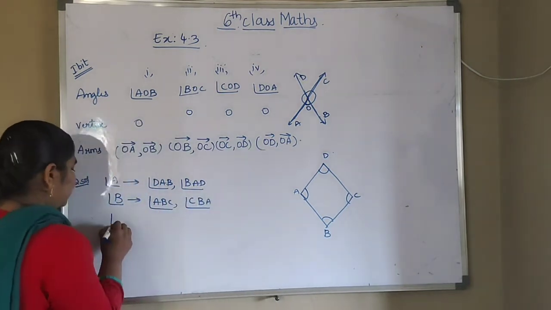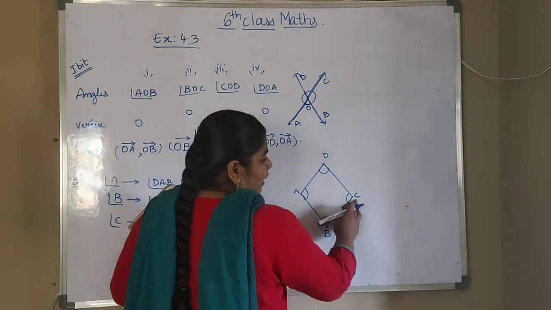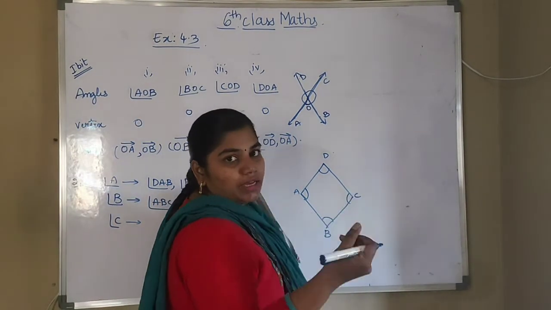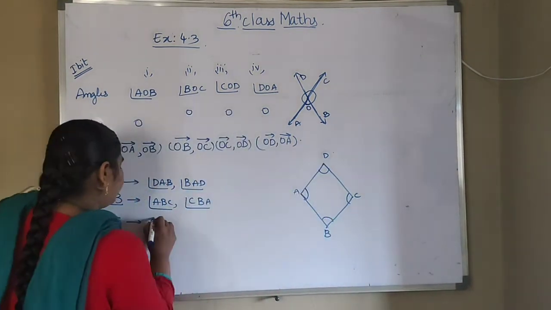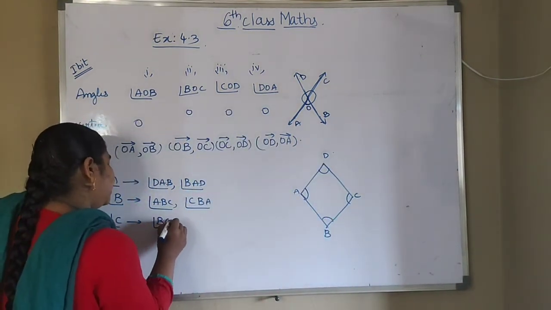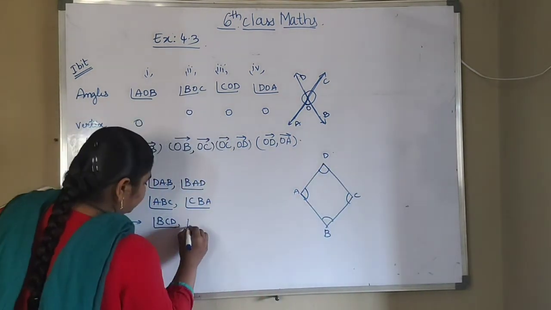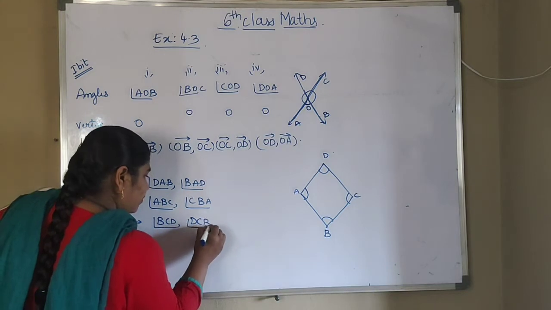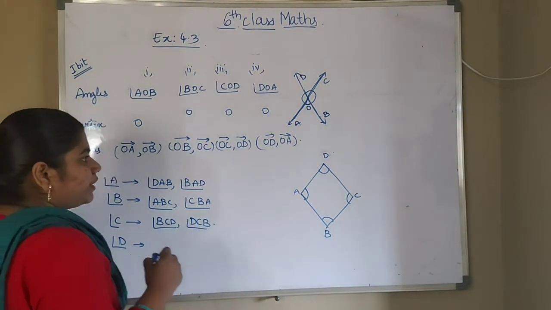Next angle C. How to write angle C? Again the angle C alphabet should lie in the middle. That means we have to write BCD. Angle BCD. And we can write it as DCB. Next is angle D. So how to write angle D?